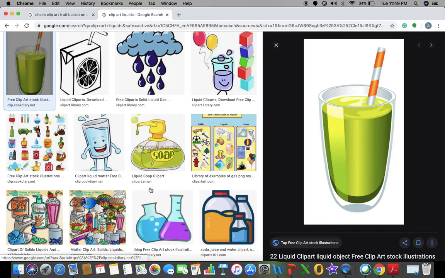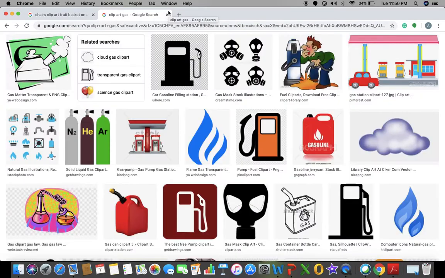And then some examples of gas: oxygen, air, helium in balloons. Also, the steam which comes when the water reaches the boiling point is also a form of gas. So each state of matter is different.